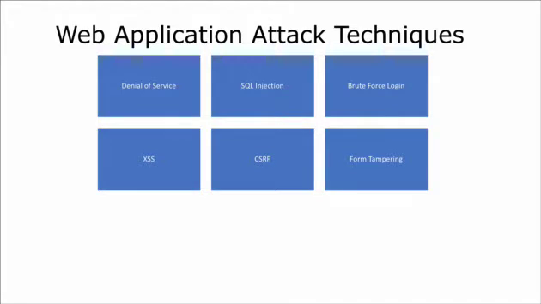Form tampering we've discussed very briefly in the vulnerability section, and that is where people pretty much put untrusted data into a form, and by manipulating the different fields of the form can make the application act in an erratic way and sometimes cause a vulnerability to be presented to the attacker.